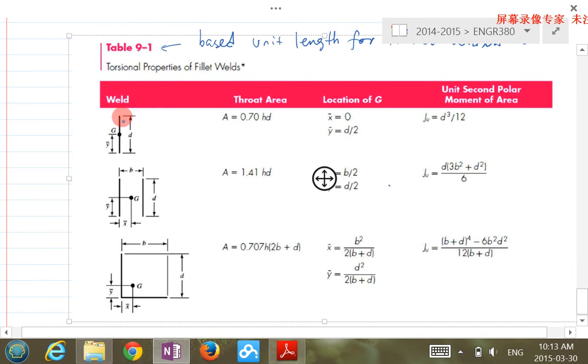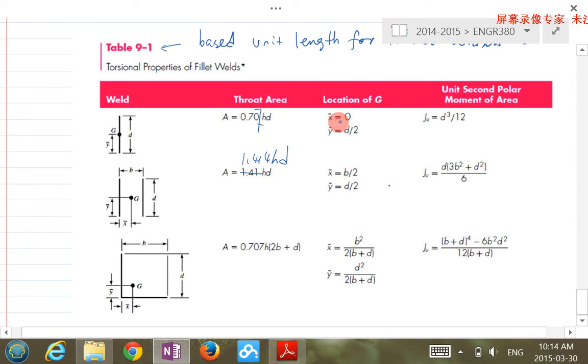First, the area is 0.707 h times d. That makes sense, because it's 0.707 h times L, and that's the throat area. There's only one. If you look at this one, there are two welds. What's the area now? It's 1.414 h times d. That's the total throat area.